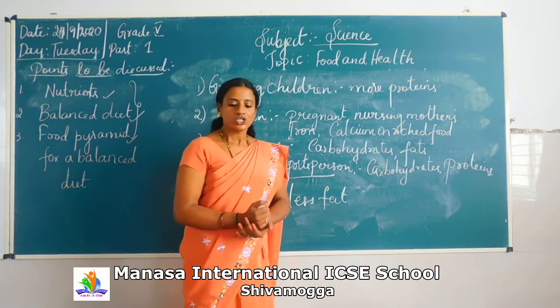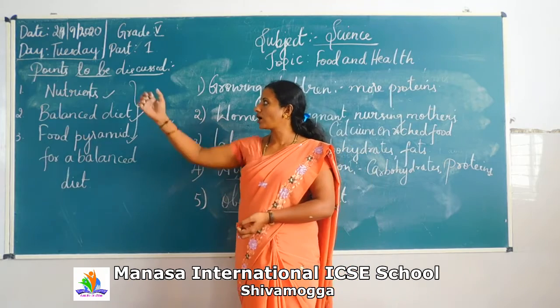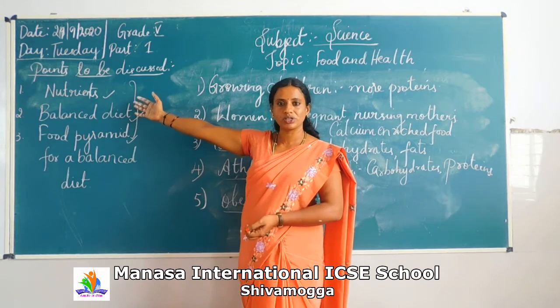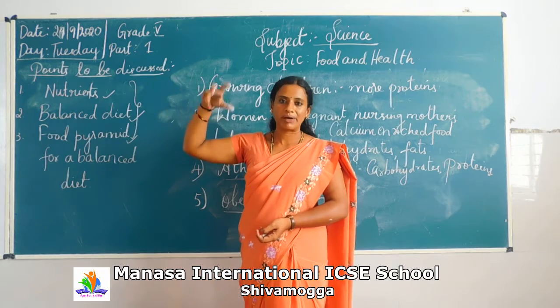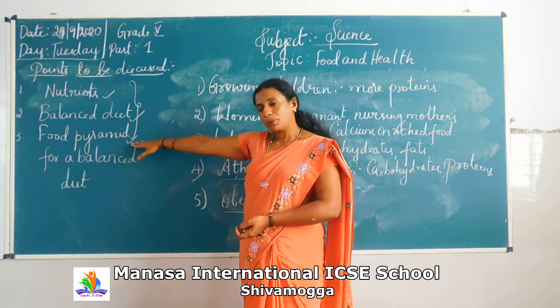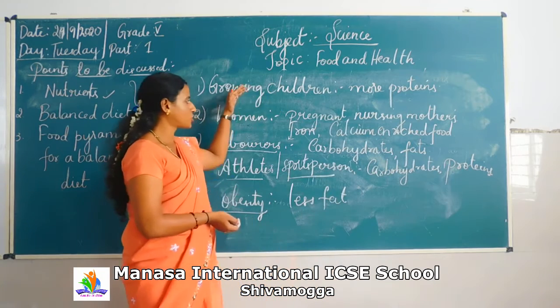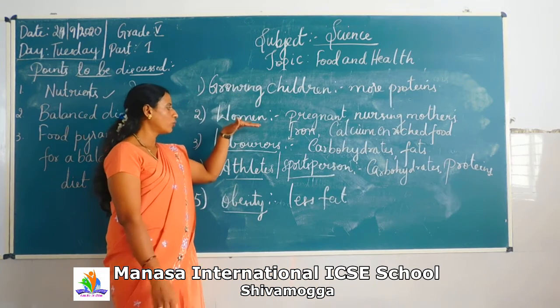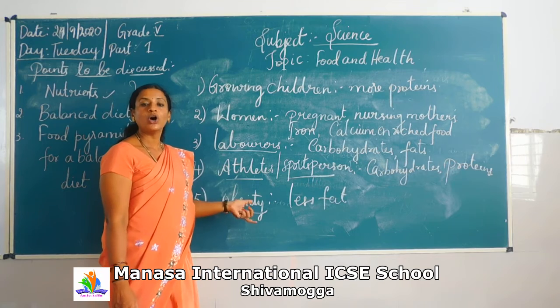So dear students, today in this class we discussed what nutrients are, then balanced diet, how we call a diet a balanced diet, then food pyramid, and lastly different age groups like growing children, women, laborers, athletes, and the concept called obesity.